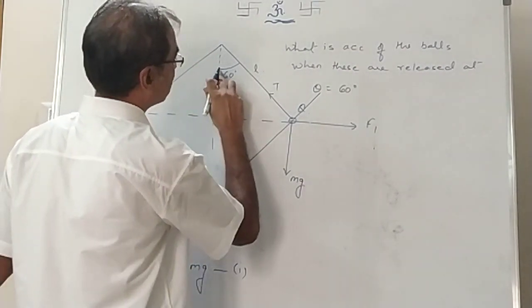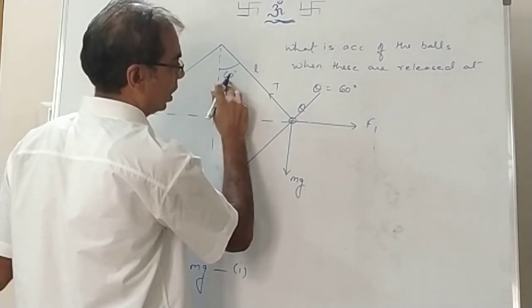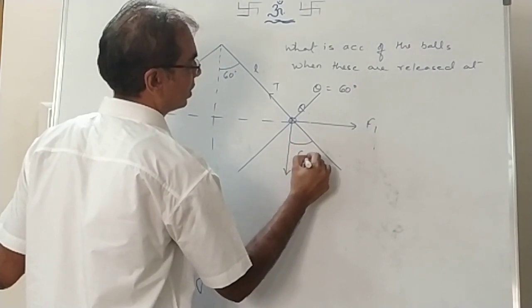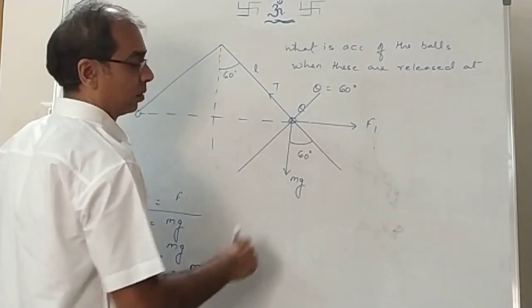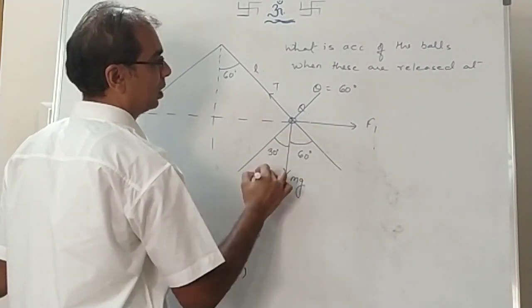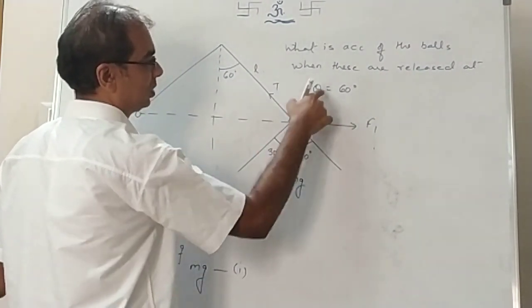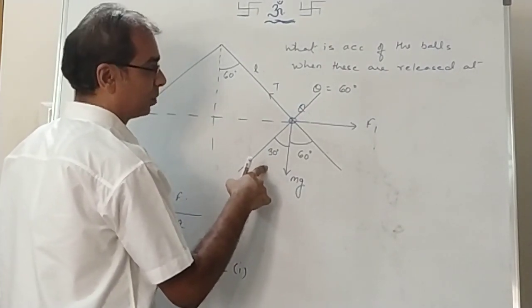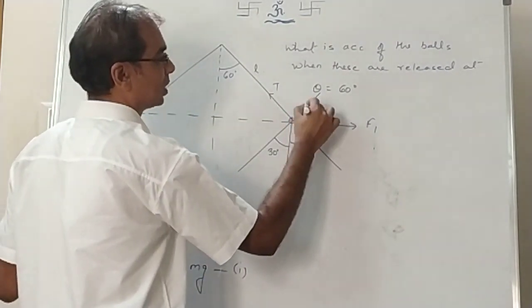Now this is 60 degrees, so this angle is also 60. If this is 60, definitely this is 30, because this direction is perpendicular to the tension. Now I want to know this angle also.